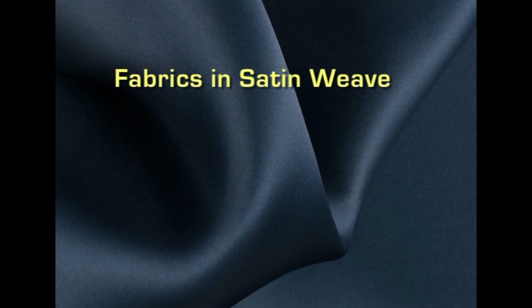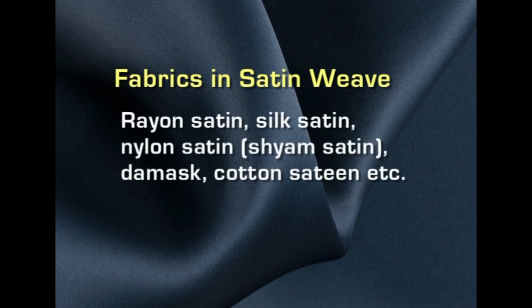In order to improve the sheen, sometimes they are calendered and also sometimes mercerized. These are finishes that improve the luster of the fabric, so that they can be sold like satins in the market.